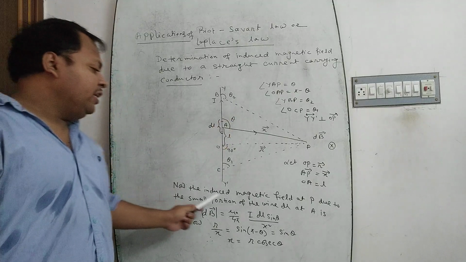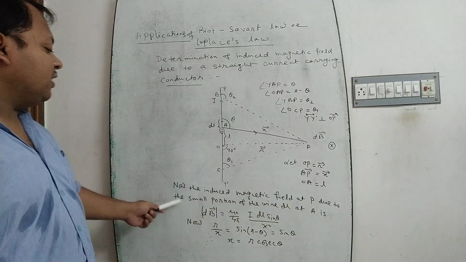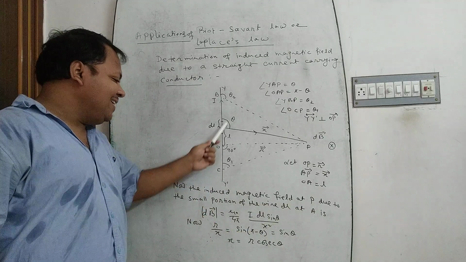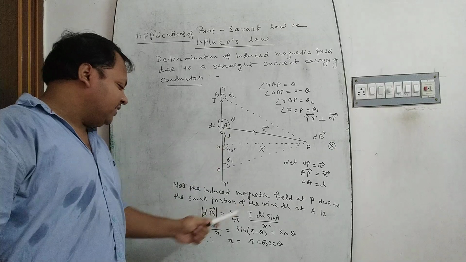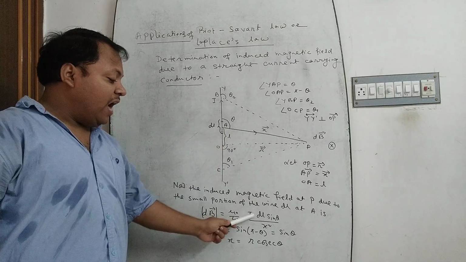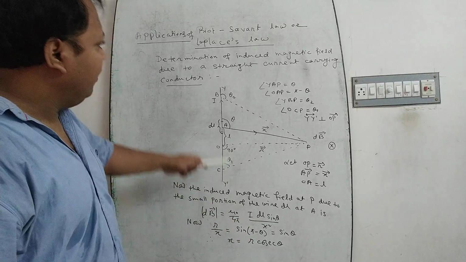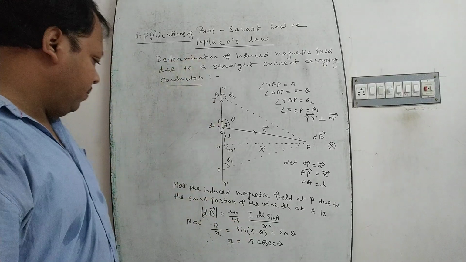Now, the induced magnetic field at the point P due to the small portion of the wire dL at A, magnitude of dB is equal to mu 0 by 4 pi, I dL sin theta by r square. It can be written from the Biot-Savart law.